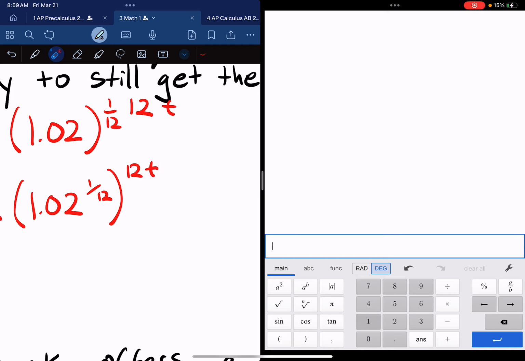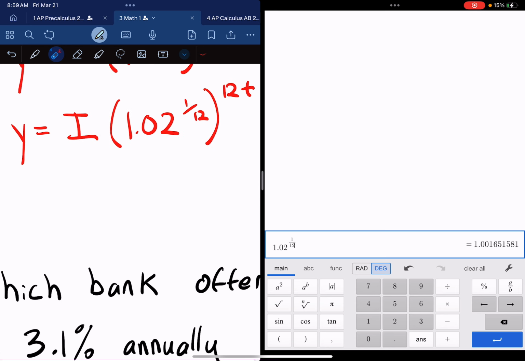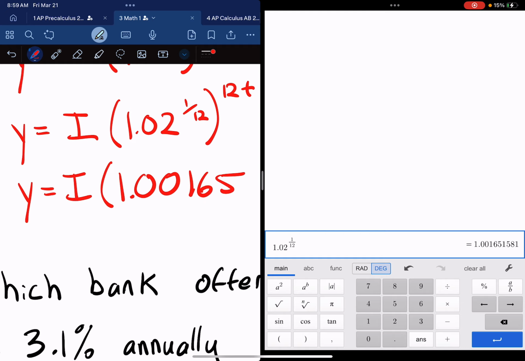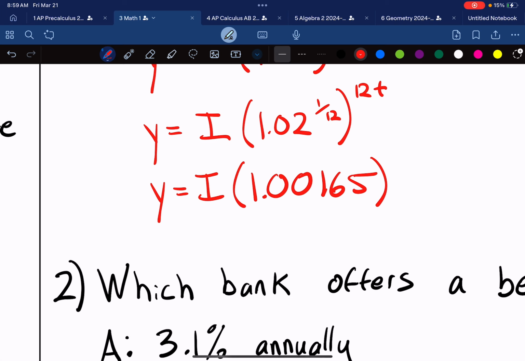What is 1.02 to the power of this fraction 1/12? And that's going to be this new decimal. It's going to be y is equal to our initial value times 1.00165. I don't know where to round, so I'm just going to stop right there. That seems like a good place. To the power of 12t, and we're done.